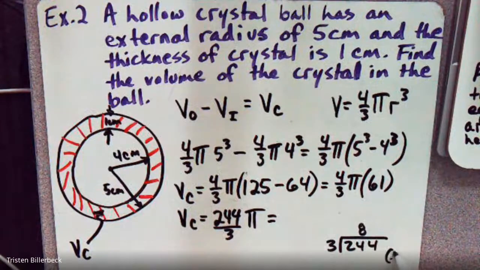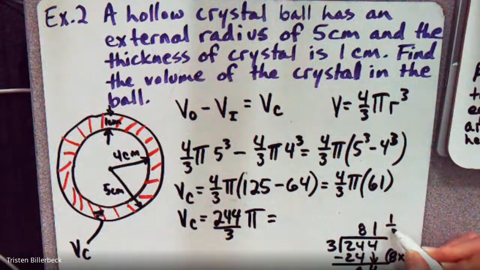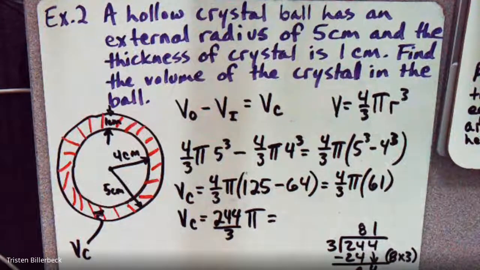8 times 3 is 24. And we subtract, we get 0. We drop the 4 down, and we have 1. And we put in 3 here, we subtract, and we have 1. So we have 81 1/3. But because we're using pi, we would probably want to use the decimal version.